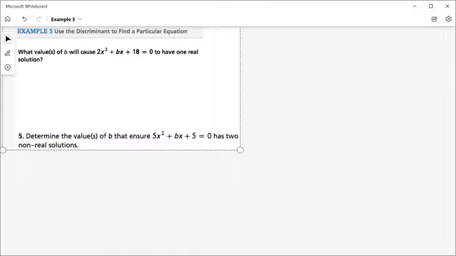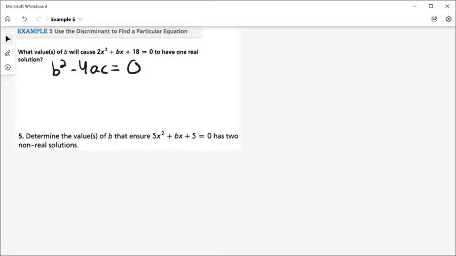Finally, in example 5, we're going to use the discriminant to make our equation have a particular kind or kinds of solutions. So in example 5, we want to find a value of b that will make the equation have one real solution. So that means that we want the discriminant, b squared minus 4ac, to equal 0.